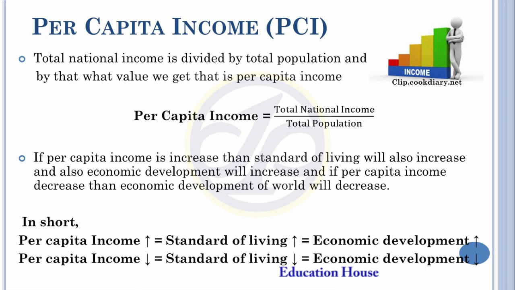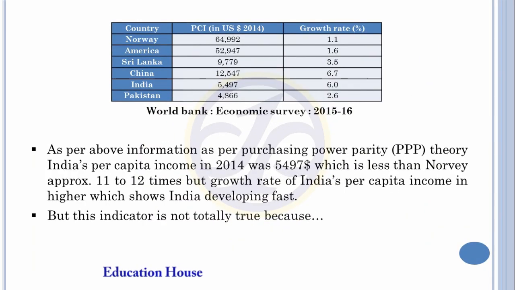In short, if per capita income rises, then the standard of living of the people rises, and economic development also increases. Vice versa, a reduction in per capita income reduces economic development. As per the data, Norway holds the highest per capita income, worth $64,992 US, and India holds $5,497 US.